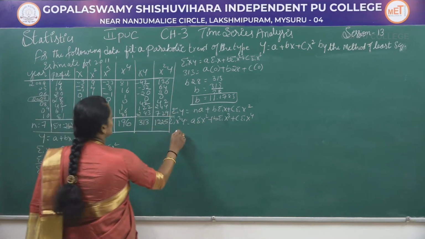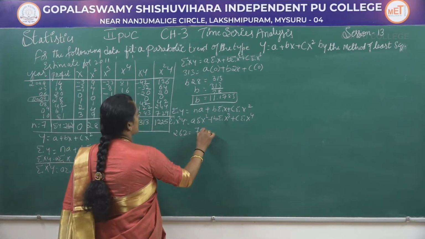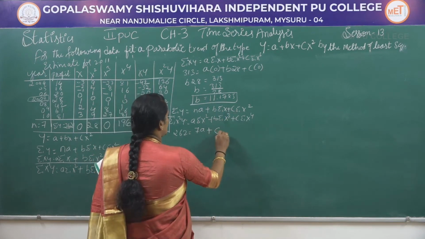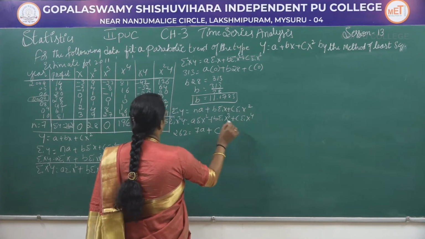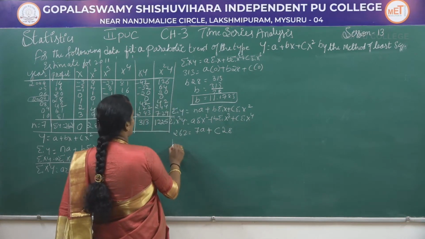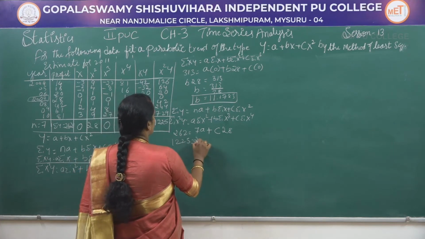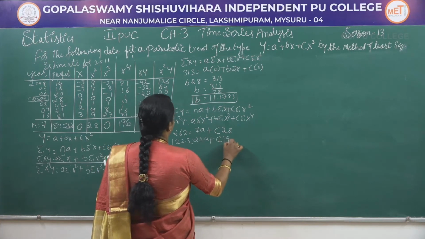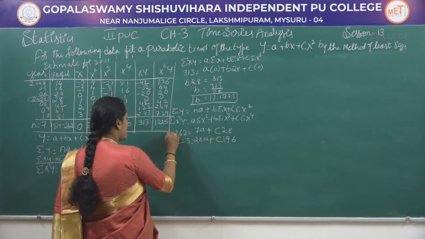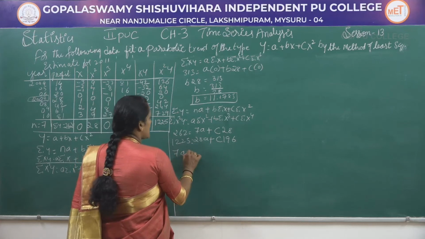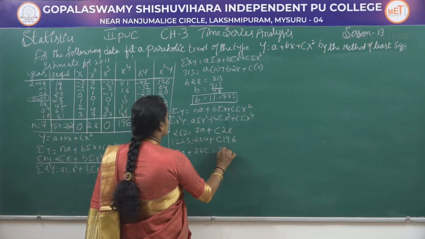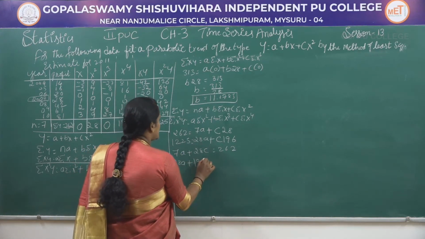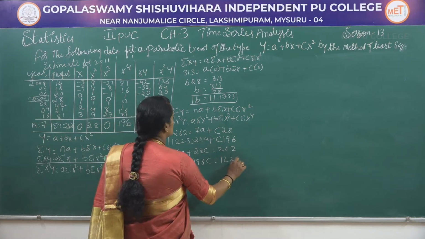Summation y is 262 is equal to 7a plus b into summation x, which will become 0, plus c into summation x square, 28. Summation x square y total is 1225 is equal to 28a plus c into summation x power 4, 196. If I rewrite this, it is 7a plus 28c is equal to 262, and 28a plus 196c is equal to 1225.